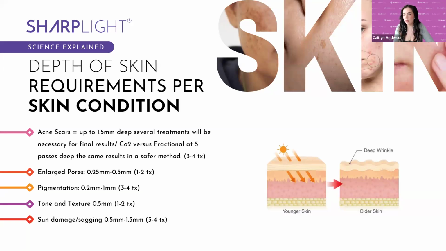Now, if you've had any Sharplight training and you've been to our courses or Skin 101 and things like that, you know that the darker the skin, the more melanocyte activity that we have, and it's easier for pigmentation to arise. And so when we get into our darker skin types, we have to be very careful about how many passes we're doing, because the more passes you do with a fractional, the less skin is reserved and safe, right? You have that controlled space.